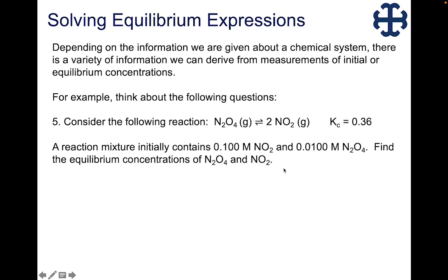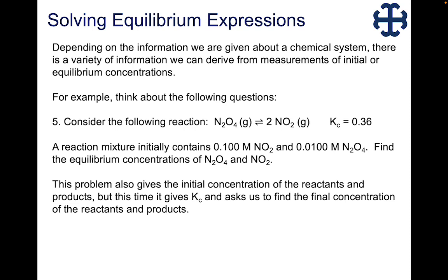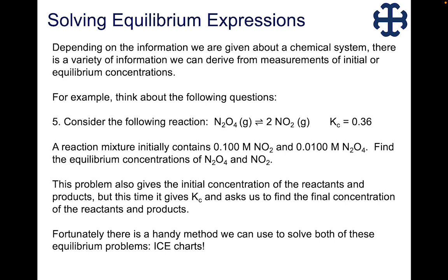We're given different information here, but again, we're given initial concentrations and we're asked to find equilibrium concentrations. In order to do that, we need to find the change in concentrations, right? And that was just what I said. Sorry for getting a little ahead of myself.